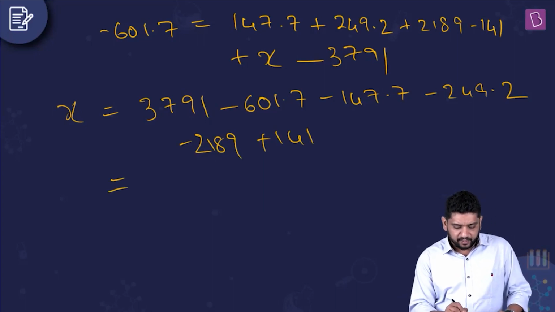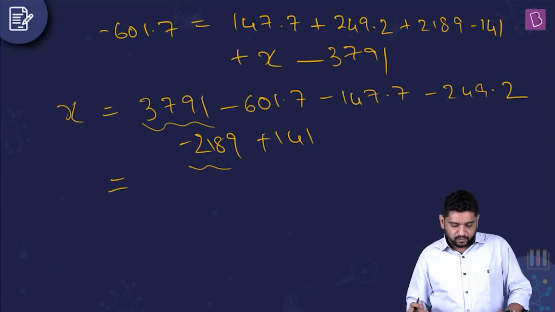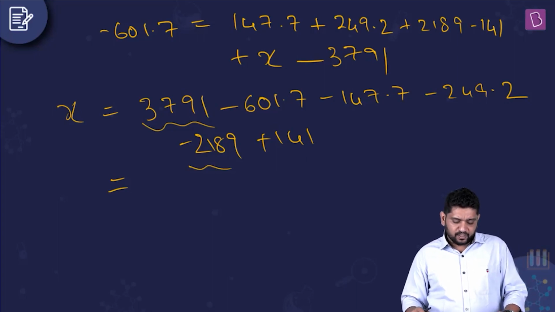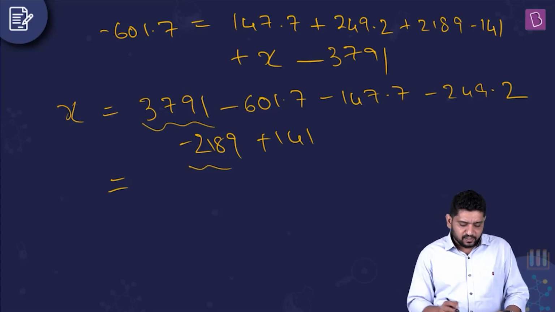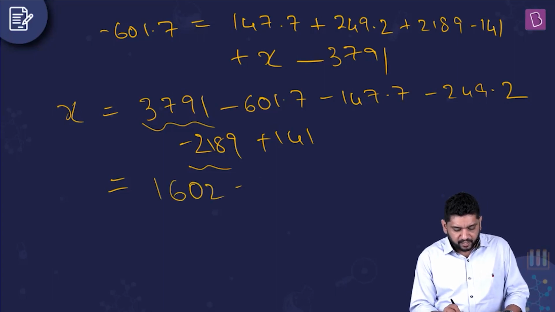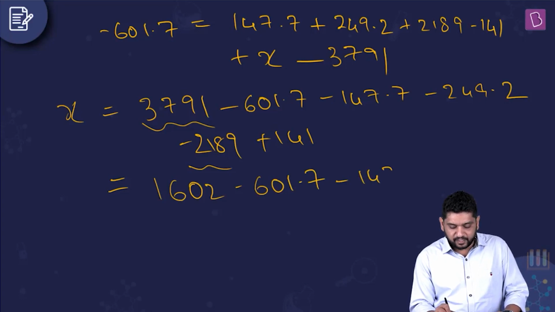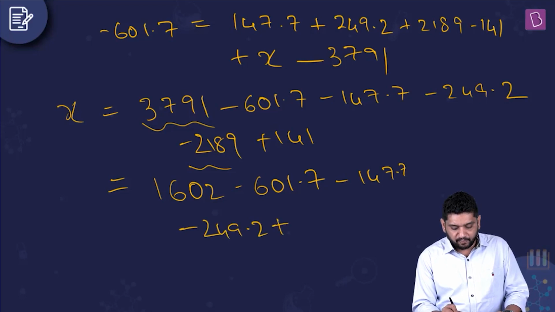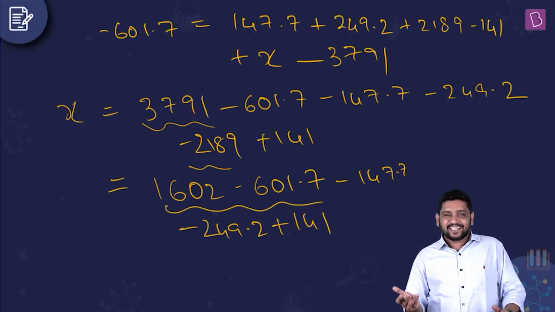So 3791 minus 2189 is 1602. Then 1602 minus 601.7. I'm inclined to directly do this calculation here. So 0.7 minus 249.2 plus 141. So this you can see is almost 602 only.